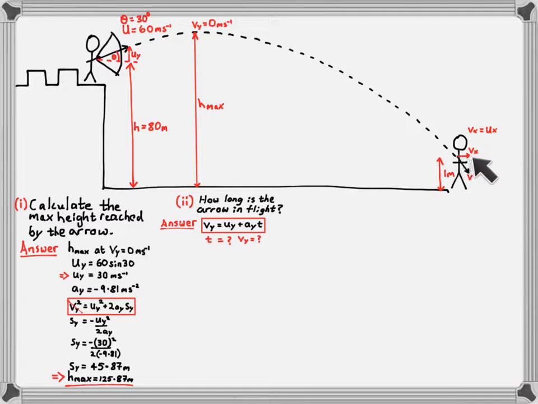And the final horizontal velocity vx is going to equal the initial horizontal velocity ux, which is equal to u cos of 30, which is equal to 51.96 meters per second. And we're going to have a final vertical velocity vy.